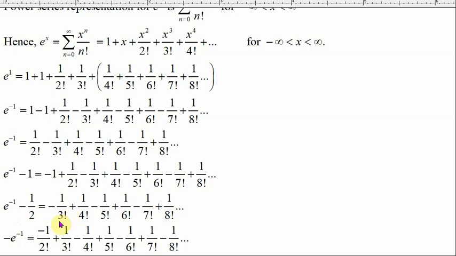And then the last result that we need is this right here. If we multiply both sides by negative 1, then we get negative e to the negative 1 equal to the infinite sum that starts with negative 1 over 2 factorial.